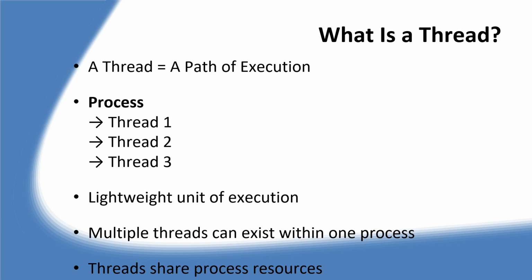When we start a Java application, it runs a process, and inside that process we have multiple threads performing different tasks. Let's say thread 1 is performing one task, and all threads will be performing different tasks.